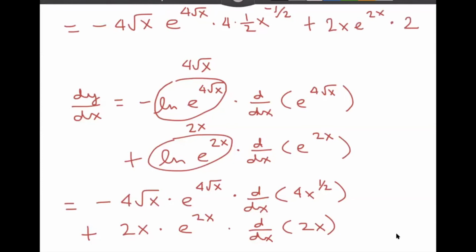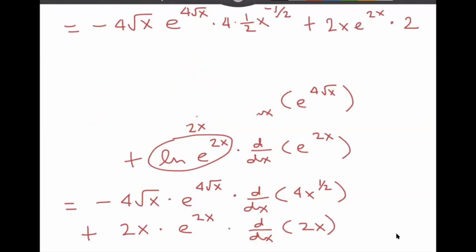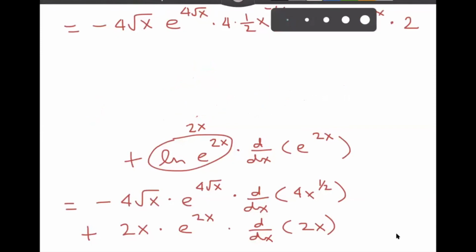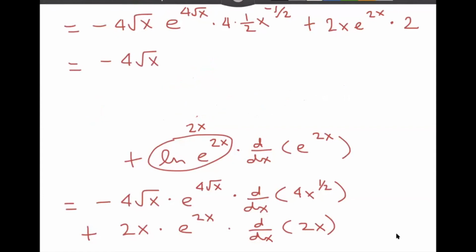All right, so I think we can pretty this up just a little bit. What do we have? We have negative 4 square root of x times e to the 4 square root of x. And then this here is just 2 over the square root of x, isn't it? x to the power negative 1/2 is 1 over the square root of x.